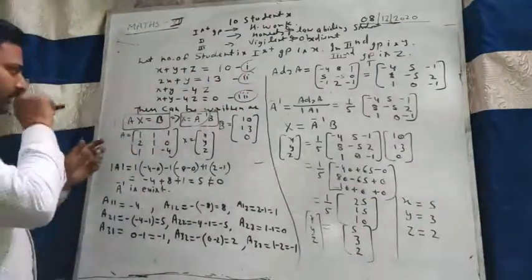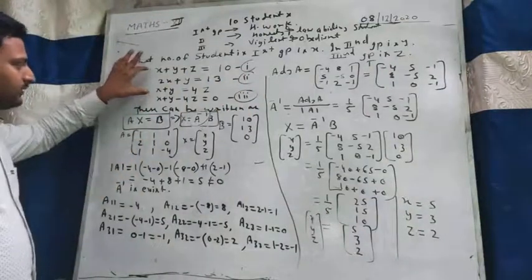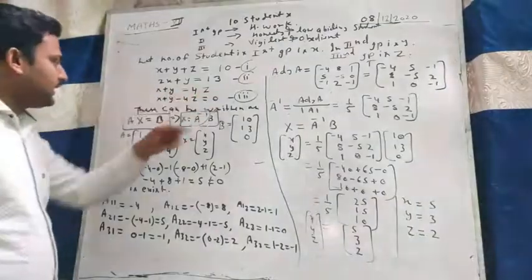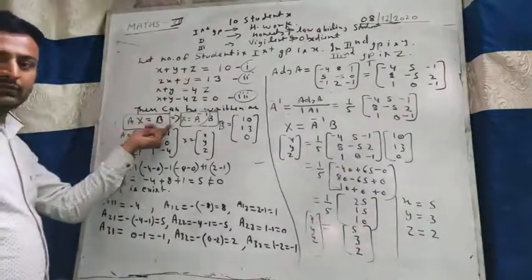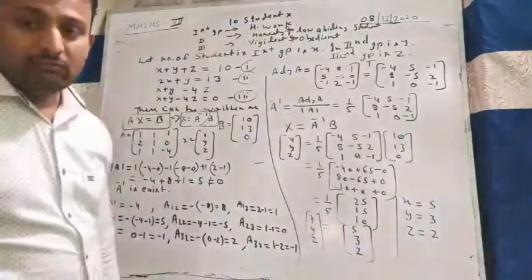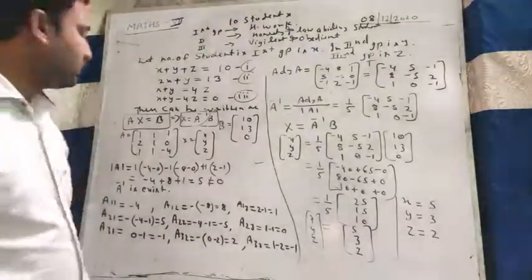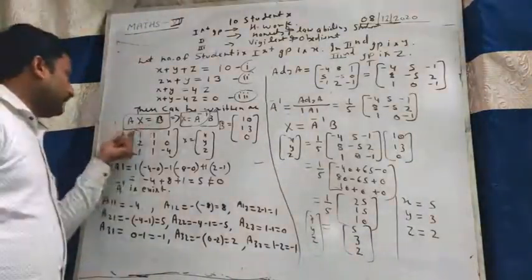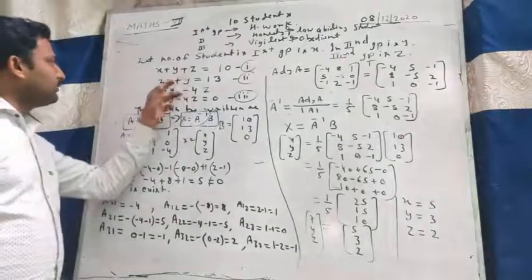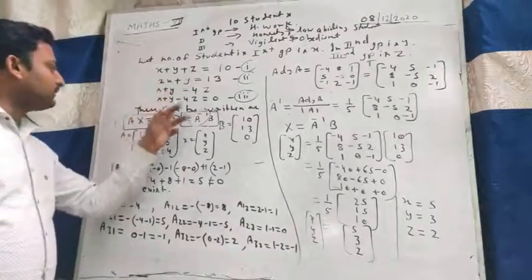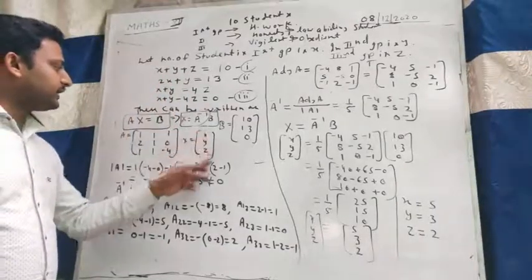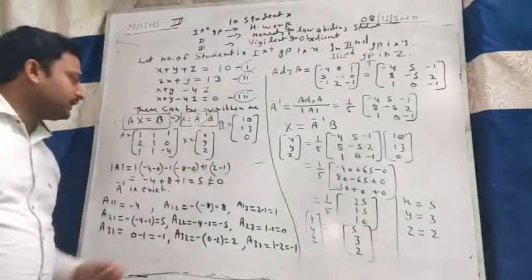So from these 3 equations, these can be written in the form of AX is equal to B, because we have to use the matrix method to solve this question. So we will write A is 1, 1, 1, 2, 1, 0 and 1, 1, minus 4, and X is X, Y, Z, and B is our right hand side.